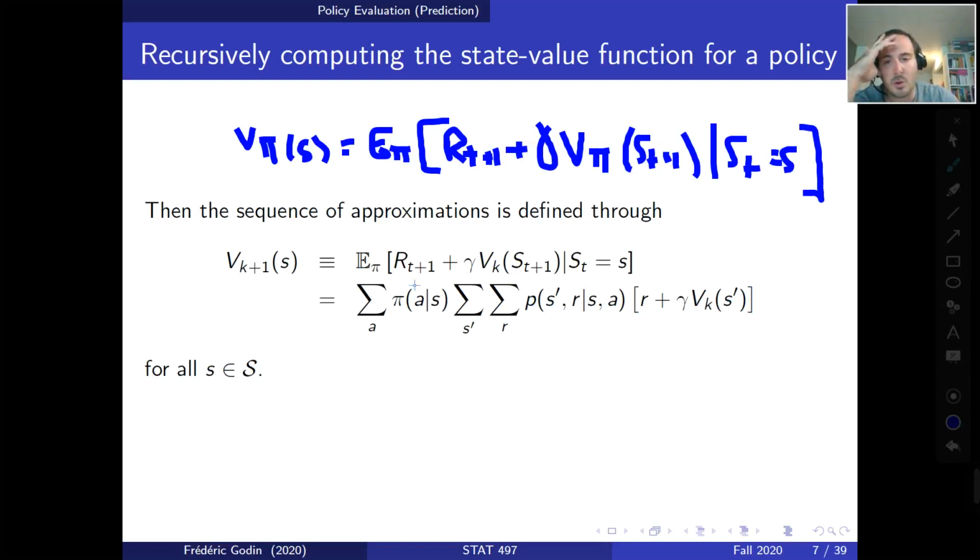So this rule is the iterative policy evaluation, where you obtain a new estimate of the value function v_{k+1} in terms of the value function vk. And you have to do that for all s. For all states you can apply this formula, which gives you a new estimate v_{k+1} of the state s for all possible s.